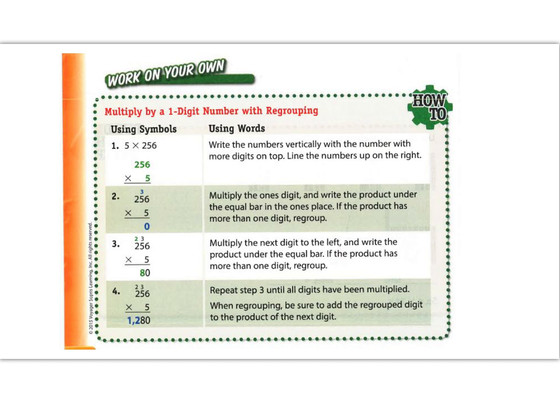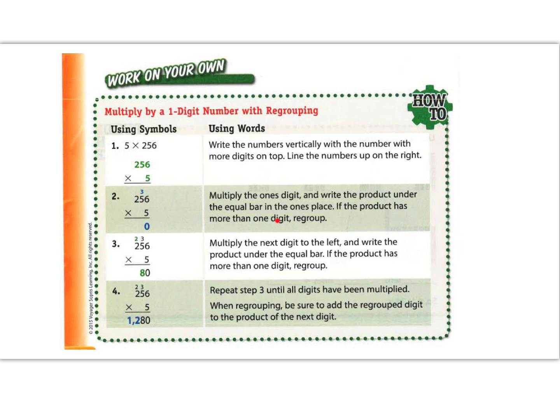So when we talk about multiplying a one-digit number with regrouping, using symbols, it looks like this. 5 times 256, they rewrote it. So it says write the numbers vertically with the number with the more digits on top. So that's what we did in those examples. Line the numbers up on the right. Multiply the ones digit and write the product under the equal bar in the ones place.